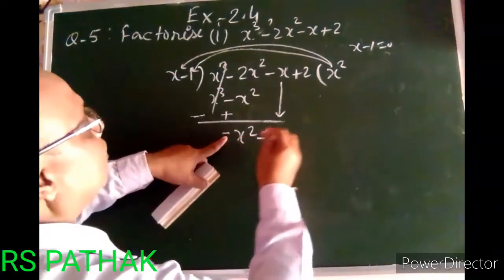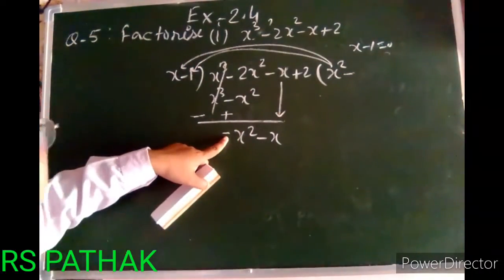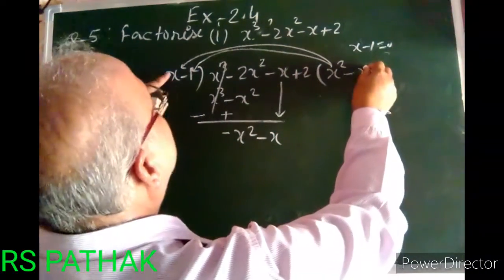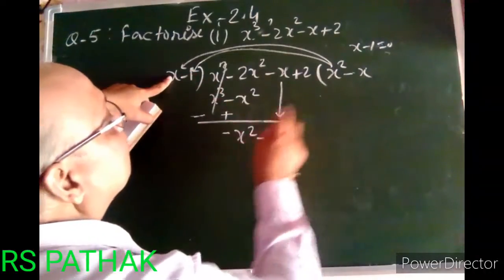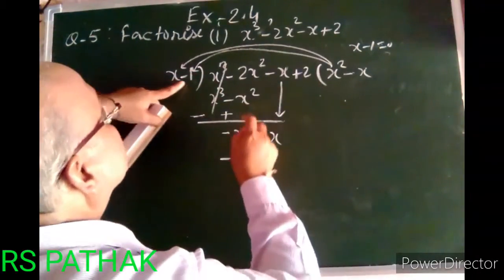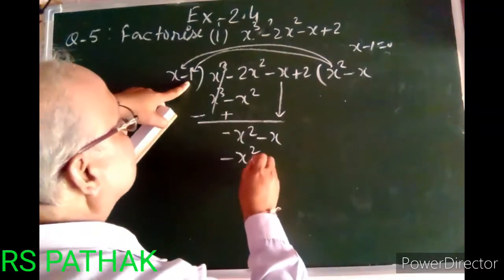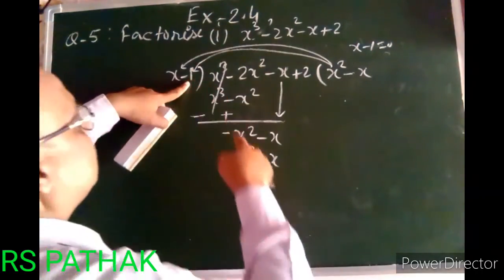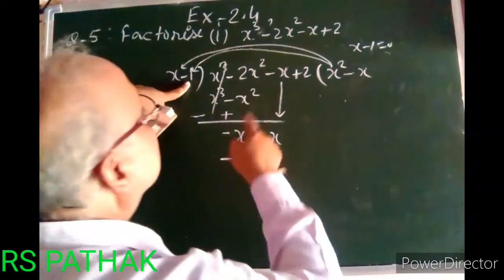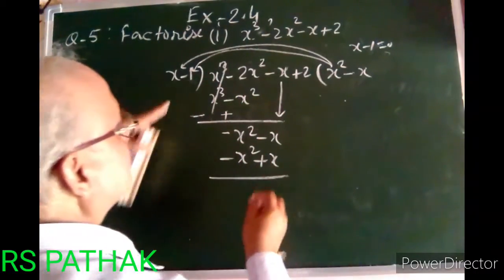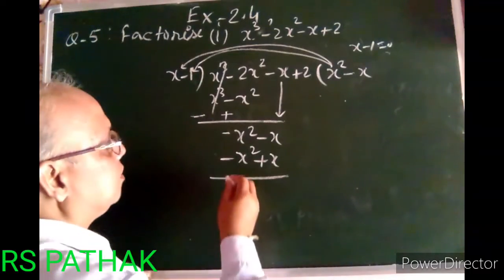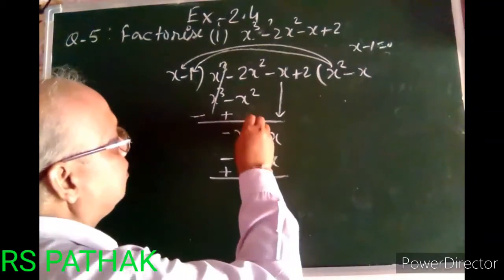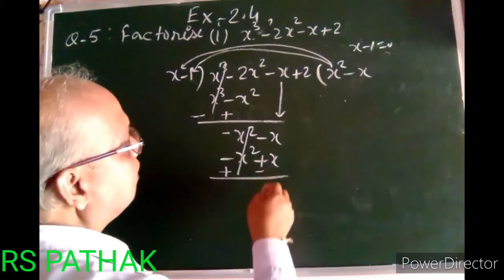This minus sign will shift here. Again by x. X will be multiplied to x minus x square. Minus x will be multiplied to minus 1 plus x. Minus multiplied by minus is plus, and x into 1 means x. Now the sign will be changed. Minus will change to plus, plus will change to minus. This is cancelled. Minus x minus 2x.